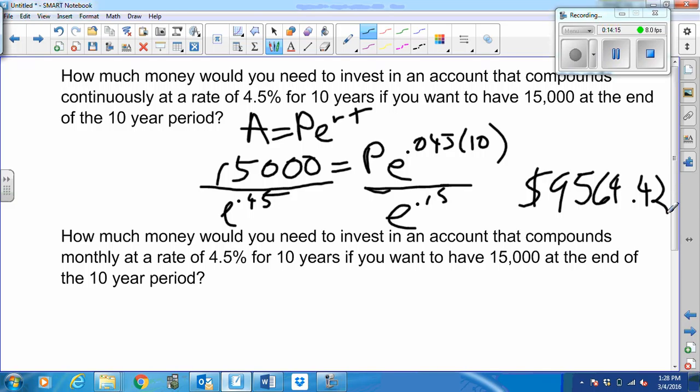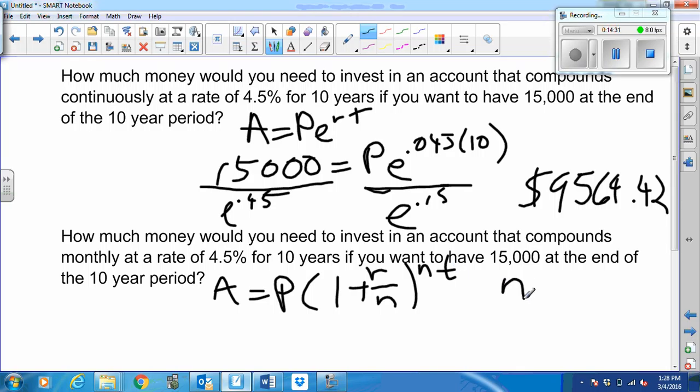Now look at the same exact information, but now we're going to look at it compounding monthly at a rate of 4.5%. So this time you're going to use A equals P times (1 plus r over n) raised to the nt. And if it's compounding monthly, that means that n equals 12, t is still 10, and r is still 0.045.